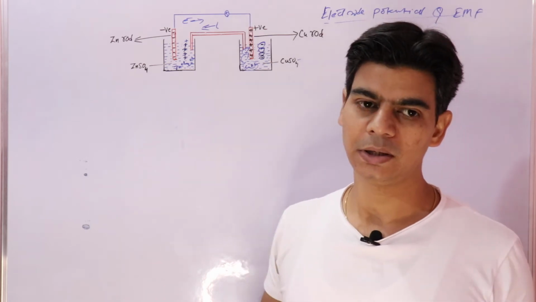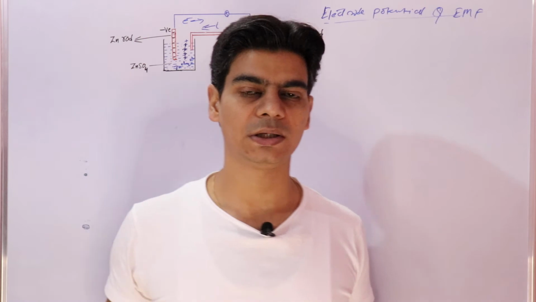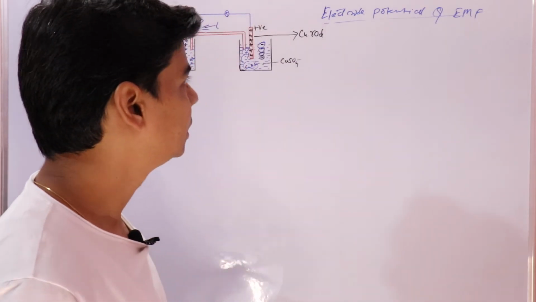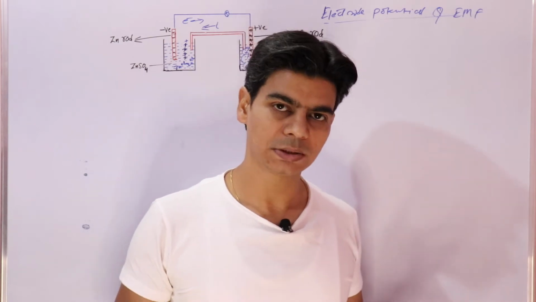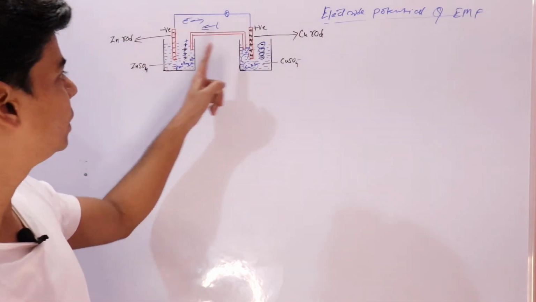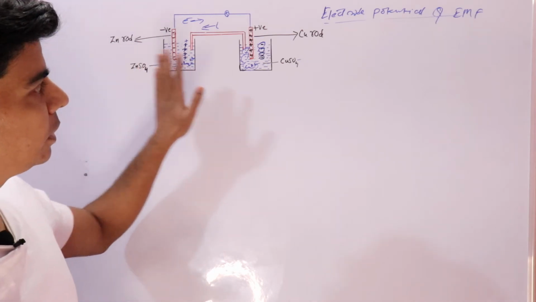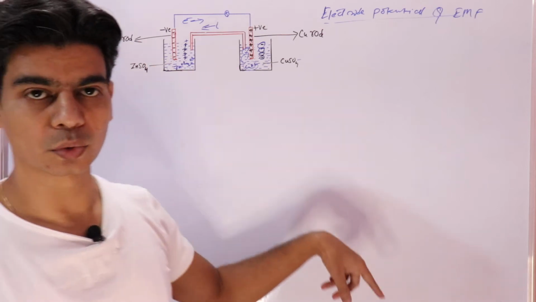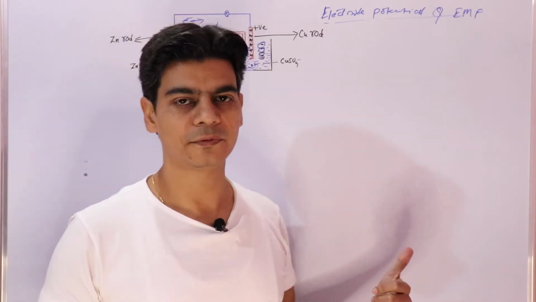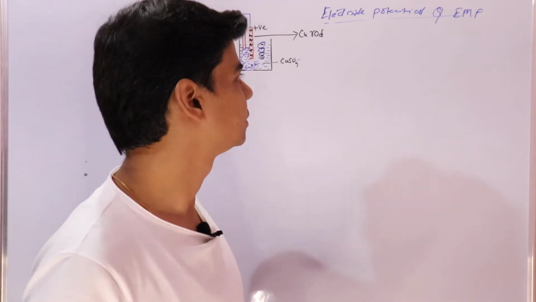We have studied in detail how this electrochemical cell or galvanic cell works, right? So electrode potential simply means these are the two electrodes that are in the two half cells. The potential difference due to these electrodes, or potential difference of these electrodes in this cell, is your electrode potential, right?